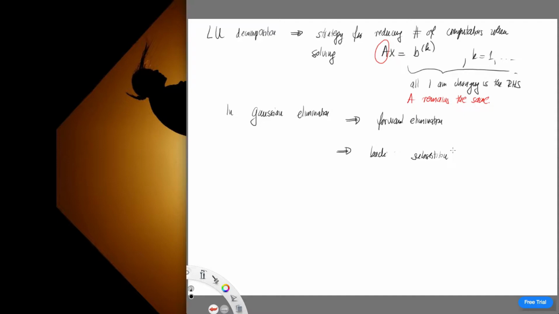And I explained briefly last time how you can count the number of additions, multiplications, divisions and subtractions in a system that is n by n. So if I have an n by n system, then this forward elimination would take O of n cubed, which is a lot.